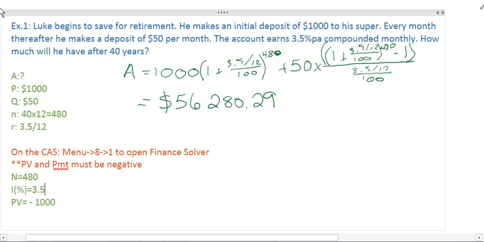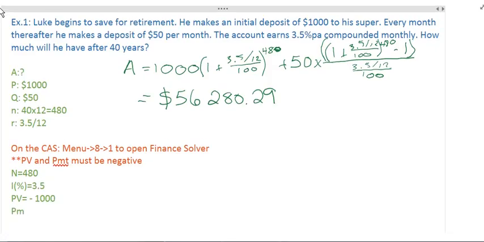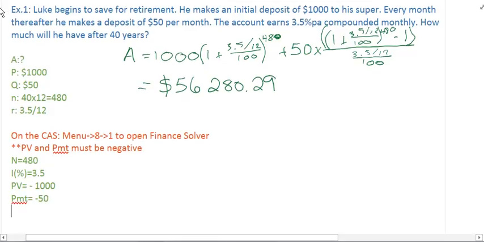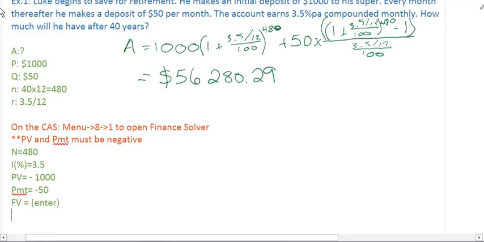Again, your yearly interest rate, just to be different from the equation. The payment is negative 50. The future value, this is where you'll come back and press Enter.